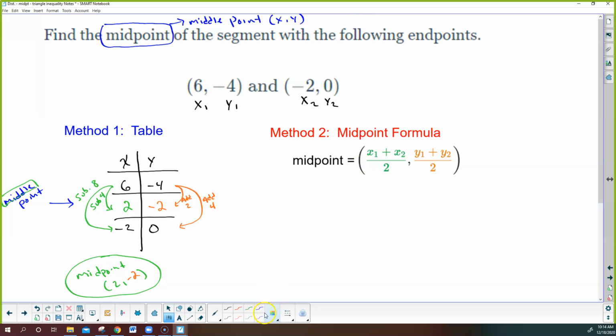Okay. So if I want to use the midpoint formula here, all we're doing is taking the average of the x's and the average of the y's.